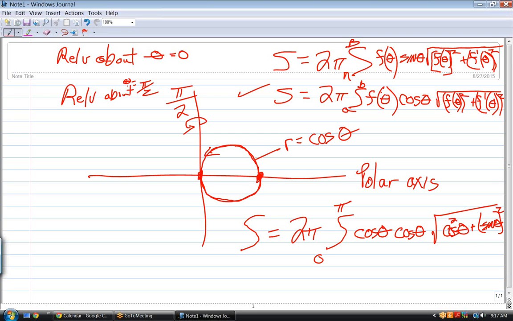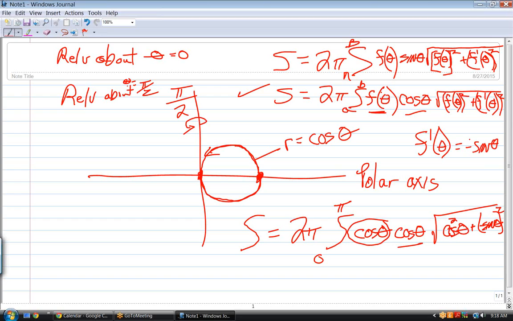Now let's see. We got cosine of theta. That's f of theta. That's this first one. And then times the cosine of theta that follows in the equation. Times the square root of f of theta squared, which is cosine squared of theta. Plus f prime. Well, what is f prime of theta? It's negative sine theta.